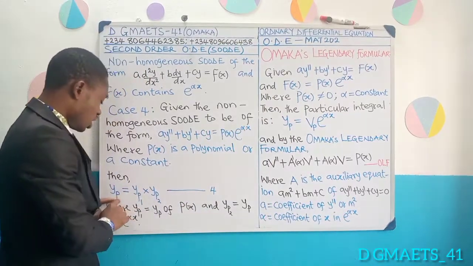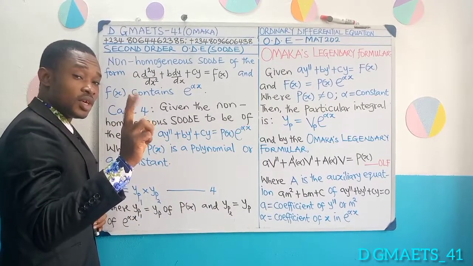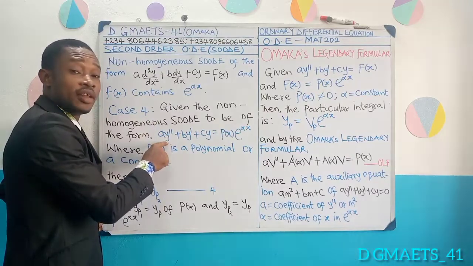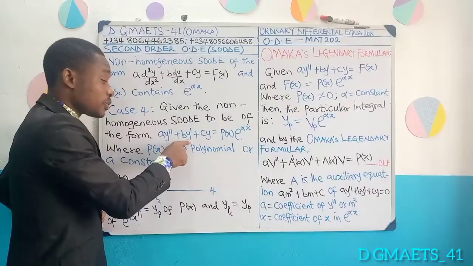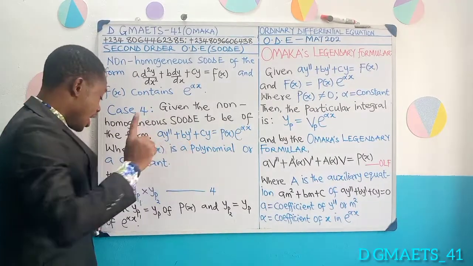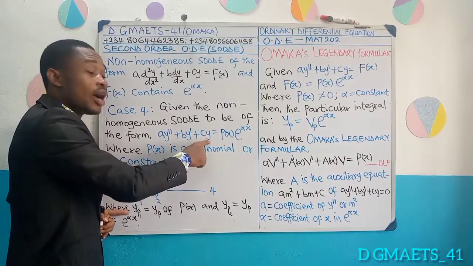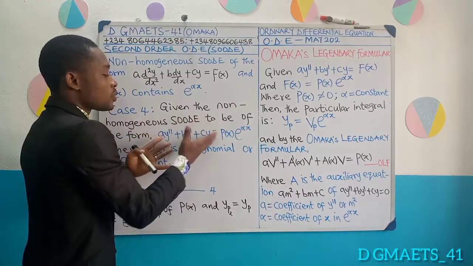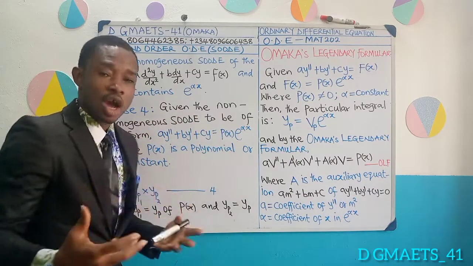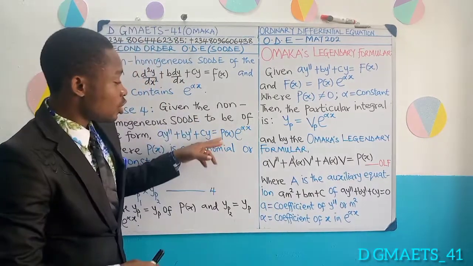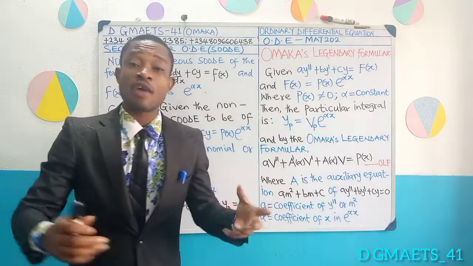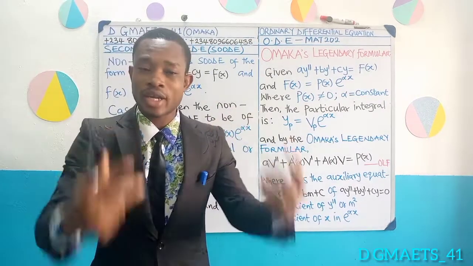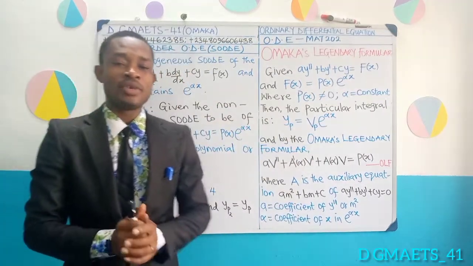So I will differentiate this yp 2 times. The second derivative I'll substitute here. The first derivative I'll substitute here for the y prime. And then the yp itself will now take the position of this what? Y. Once I substitute them into the given non-homogeneous SOODE, make it equal to p of x times exponential alpha x. The next thing is simply to work it out, alright, and then get my result.